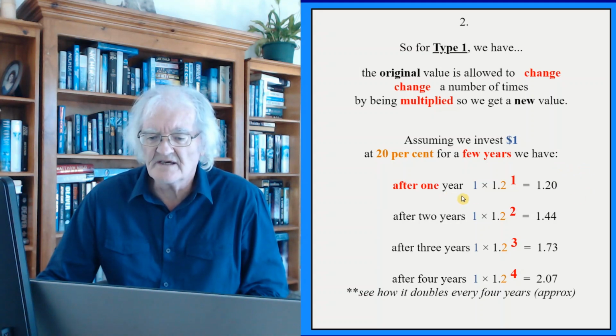After 1 year, the original has been multiplied once. It's $1.20. After 2 years, it's been multiplied twice. That gives us $1.44. After 3 years, it's been multiplied sufficiently to get us up to $1.73.